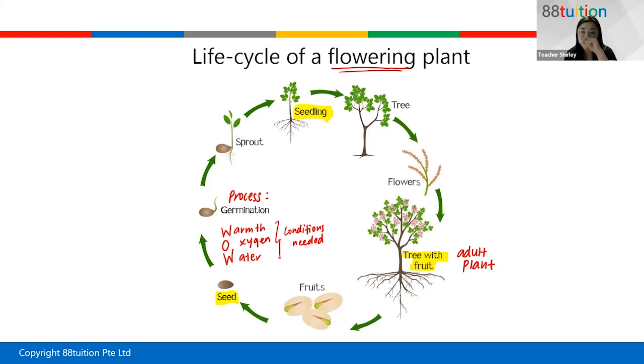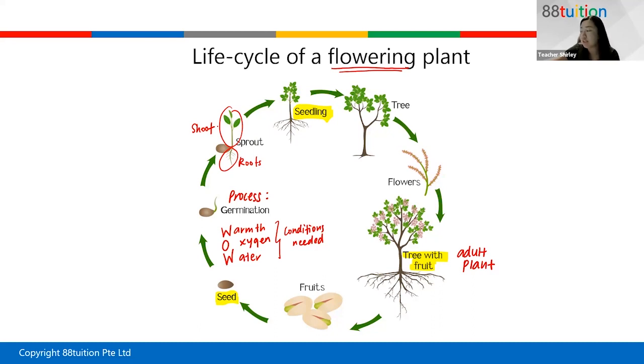Then it will become a young plant, a seedling. Always remember the roots come out first, then the shoots. Then it will become a seedling, eventually become a young tree, and then it will start to grow flowers.